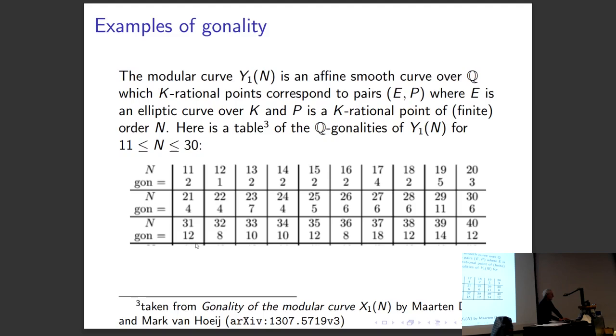And the thing that caught my eye immediately was this one, the 31. N equals 31. The gonality is 12.